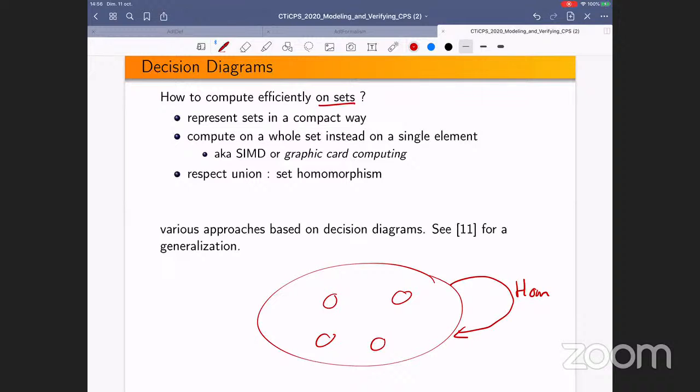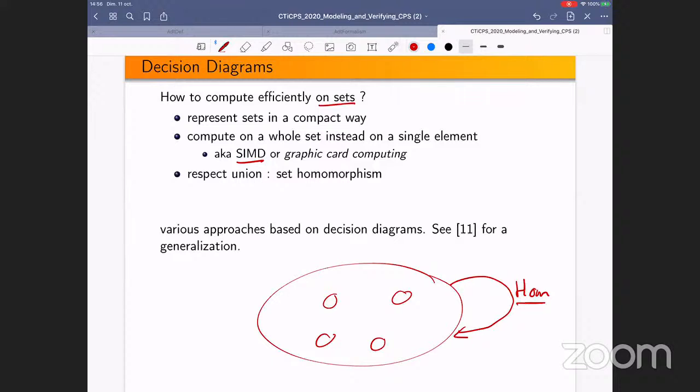This is very similar to the approach of SIMD, where there is only one program, so this is the homomorphism, that works on several pieces of information.